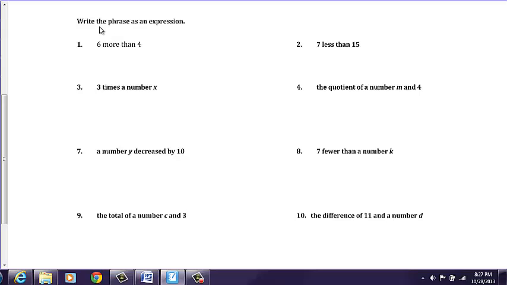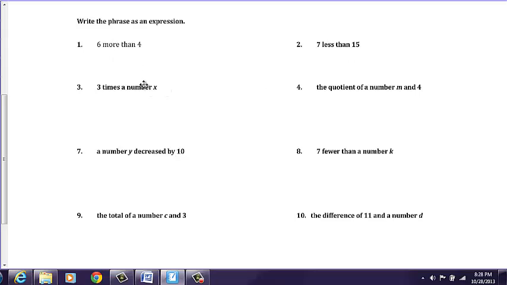One thing I want you to notice here is that we are just writing the phrase as an expression. We are not going to do anything else with it. We're not going to solve it even if it's a numerical expression. Remember that a numerical expression is where only numbers and operations are given, like in numbers 1 and 2.